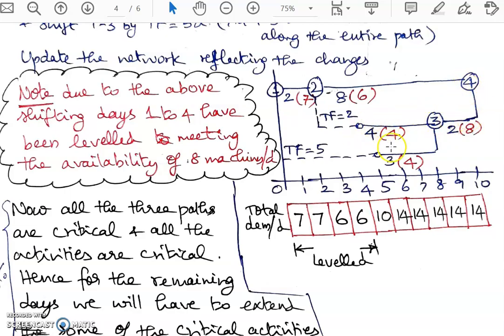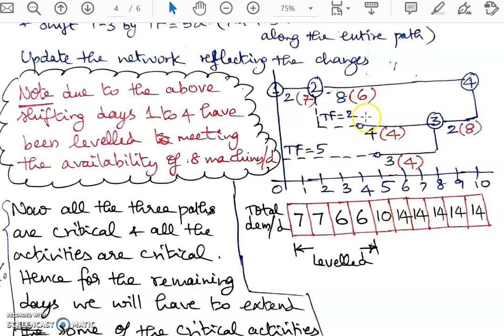As you can see, 2 4 has a demand of 6 machineries, and parallel to this I have two more activities which have a total demand of 4 plus 4, 8. If they were done together, I would get an excess demand.